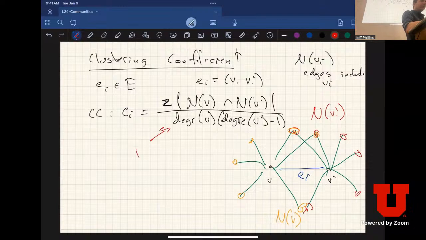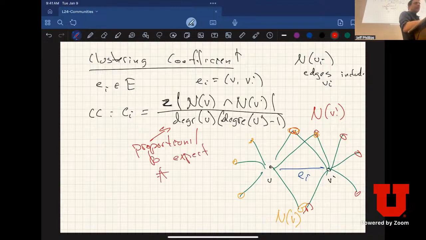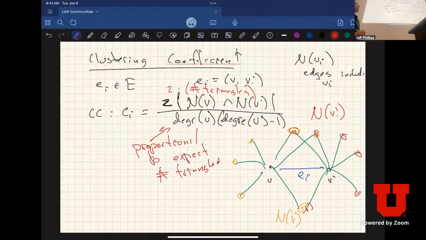This is proportional to the expected number of triangles. And this is 2 times the number of triangles. So kind of the number of triangles over the expected number of triangles. I basically count the number of triangles, but I want to normalize by the degree of the two vertices.